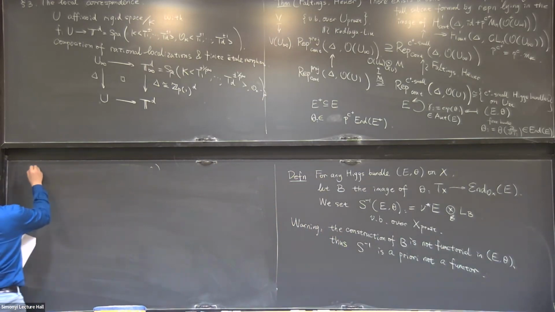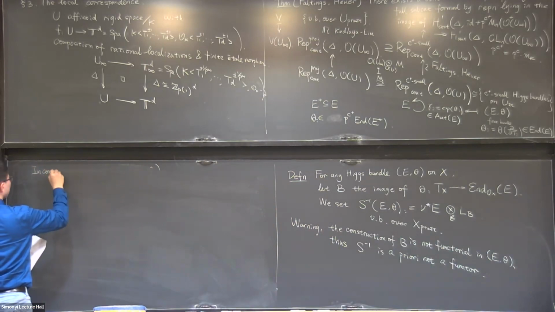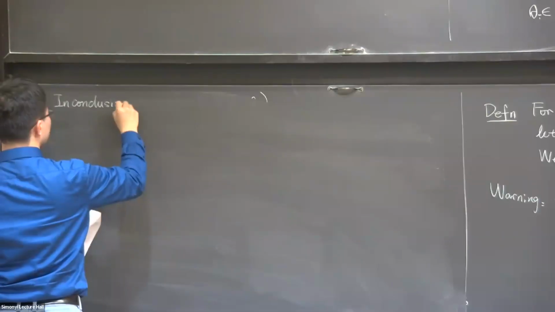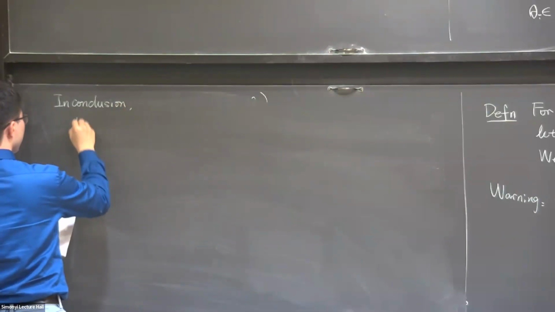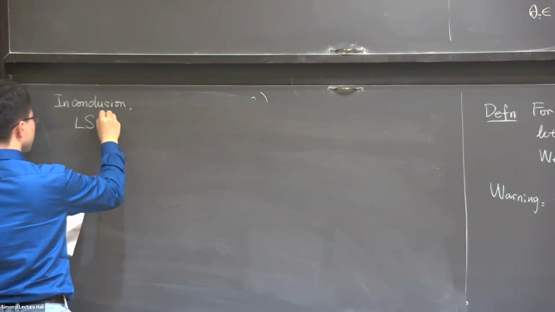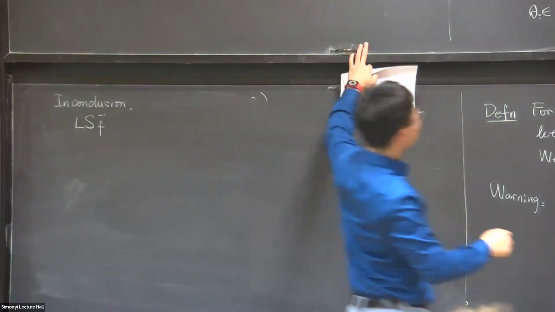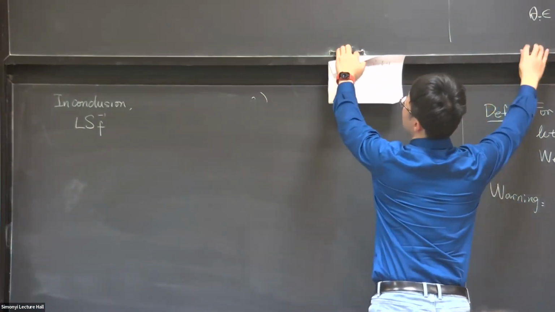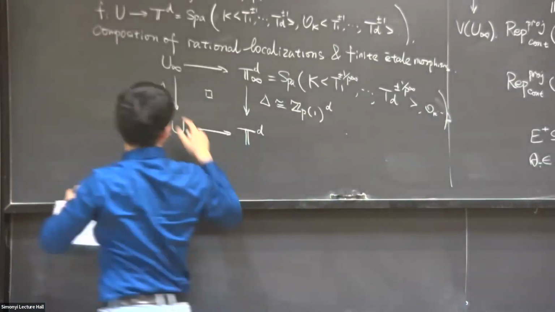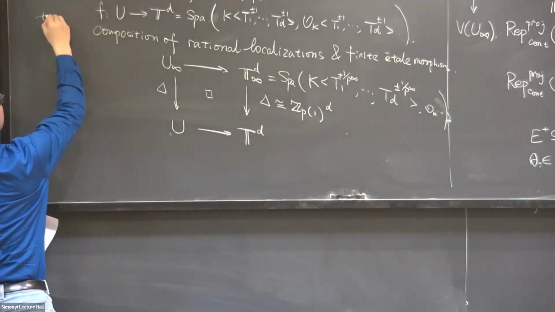So in conclusion, there exists a local Simpson correspondence depending on the choice of this. I will call such a map by toric chart.